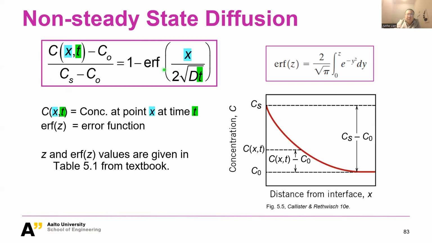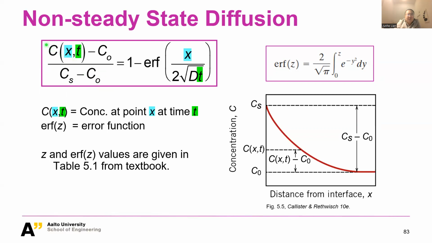If you look at this equation and just think about our problem, we actually know in our problem what is CS. Yeah, CS is 1%. And we also know C naught, that is 0.2% in the initial composition of your steel.